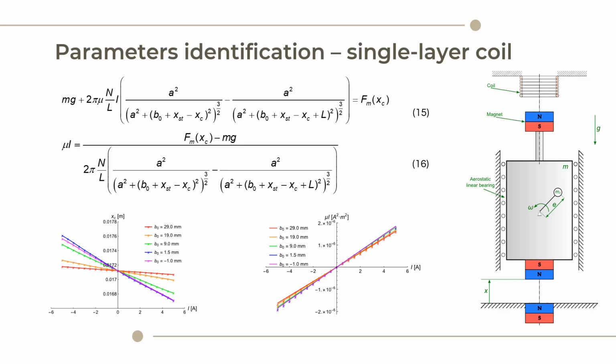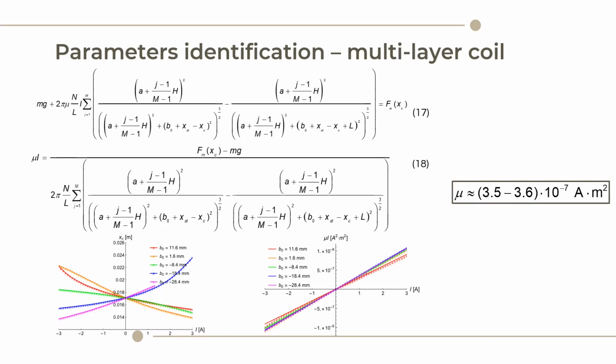As you can see in the figure, for other relative initial positions of the magnet to the coil, the slope of the lines is almost the same. Since the μ parameter is a specific feature of a given permanent magnet, which was the same for all cases, assuming the correctness of the presented model of the interaction of the magnet with coil, its value should be the same for all measurement series, both for single-layer and multi-layer coil.